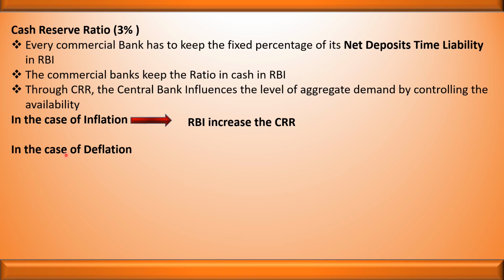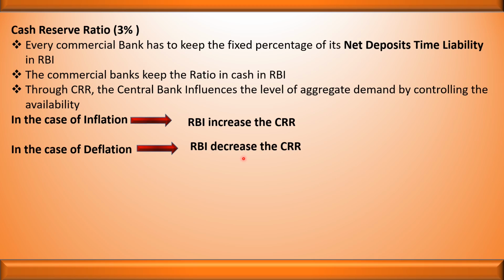Let us see what happens in the case of deflation. In the case of deflation, RBI decreases the cash reserve ratio. When the RBI decreases the cash reserve ratio, the commercial banks have to put less money in the custody of the RBI. When they are putting less money in the RBI, they are left with more money. So they are now in the position to give more money to the people.